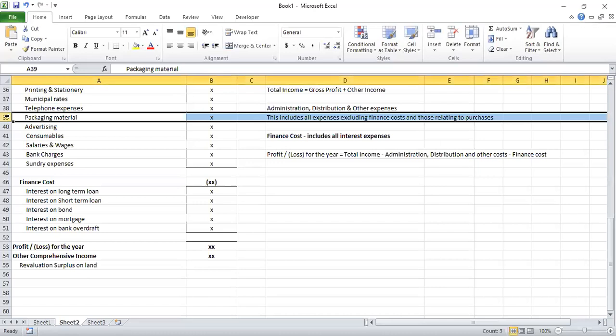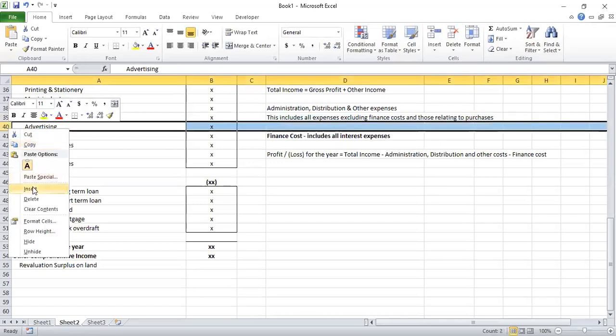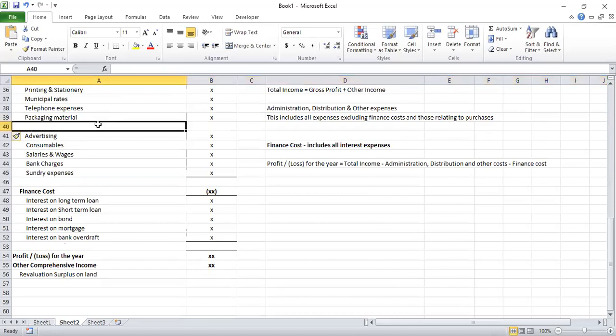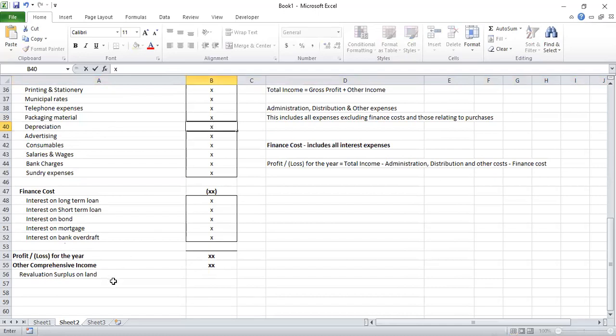Let me just put it here. We also have what we call depreciation. We measure depreciation, which is the loss in value of our assets. Most of our assets lose value except one asset, which is land. Land, instead of going down, actually goes up. So the increase in the value of land is what we call a revaluation surplus.